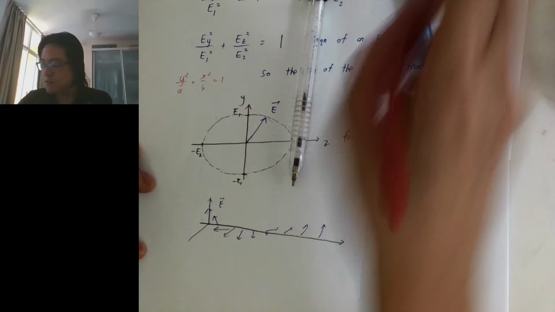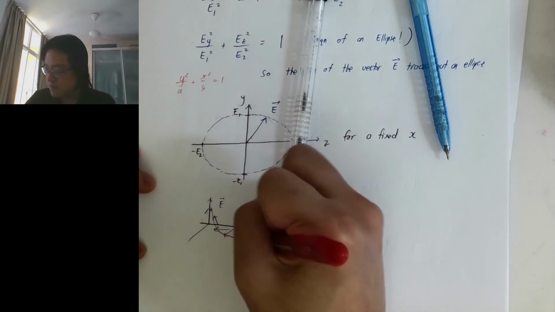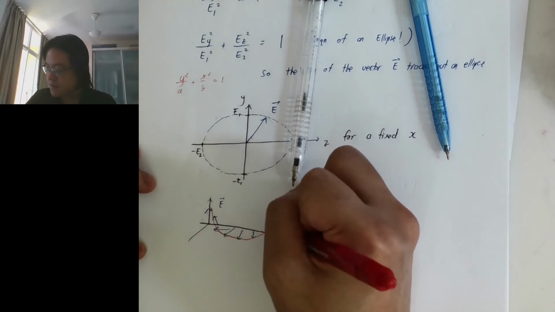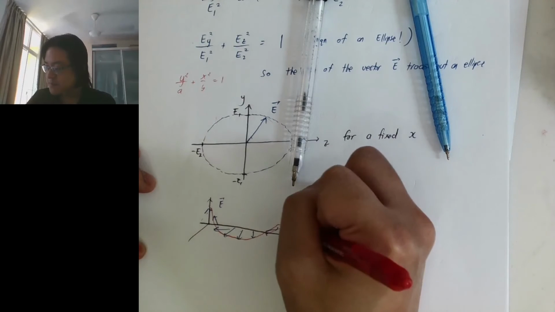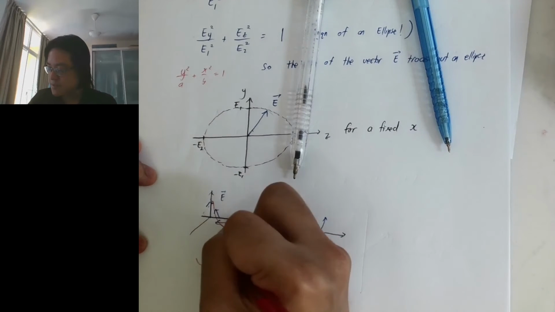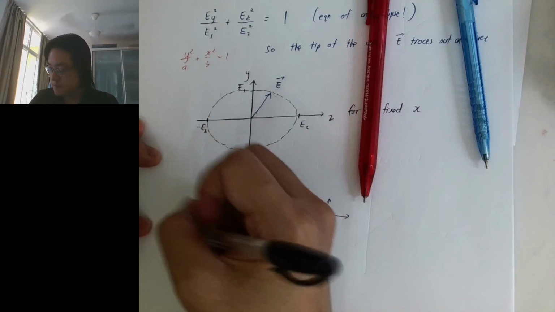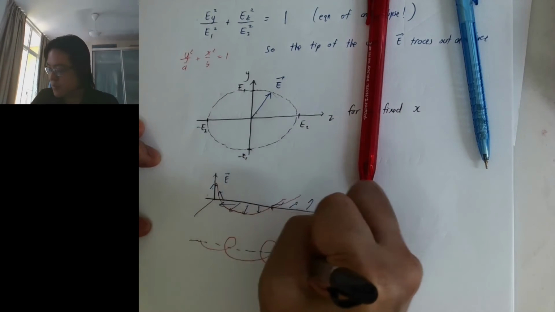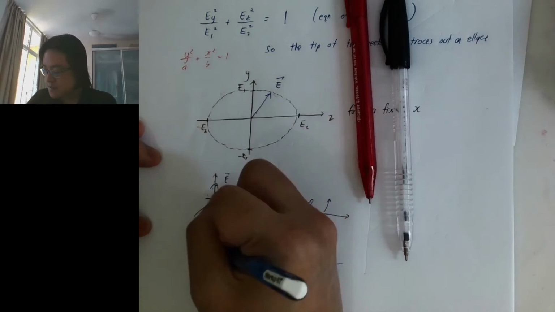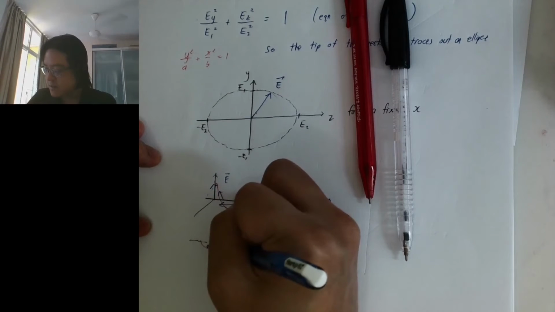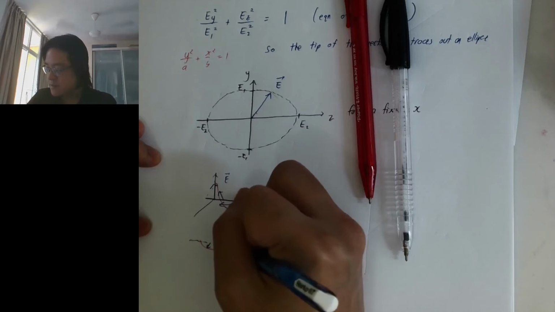So we will trace out the line of the helical shape. So I want to make it like this. So let me try again. I hope you get the idea, right? So the vector is pointing here, here, here, here, here, here, here.